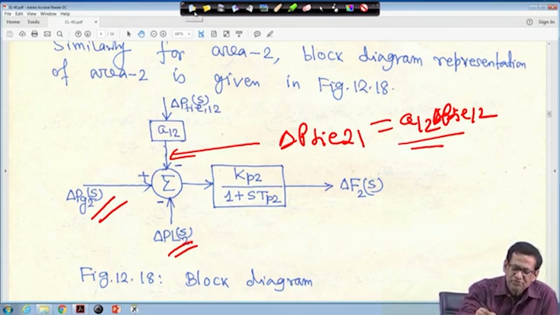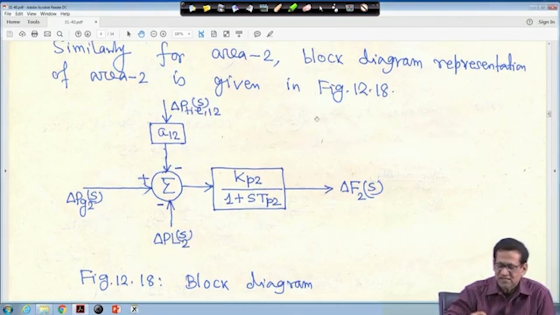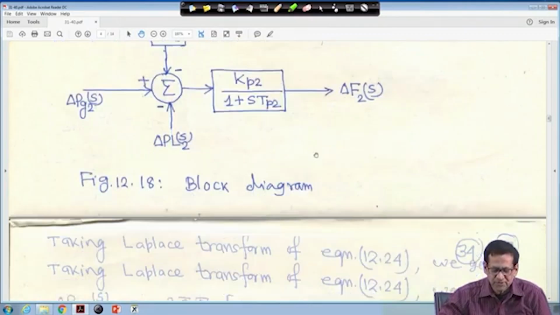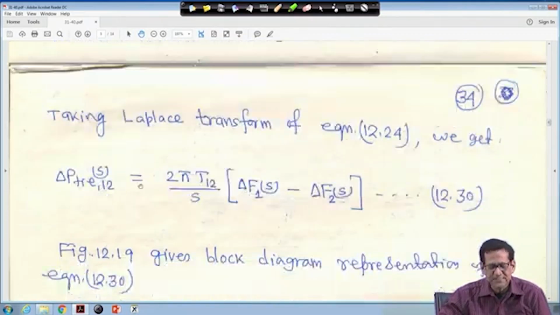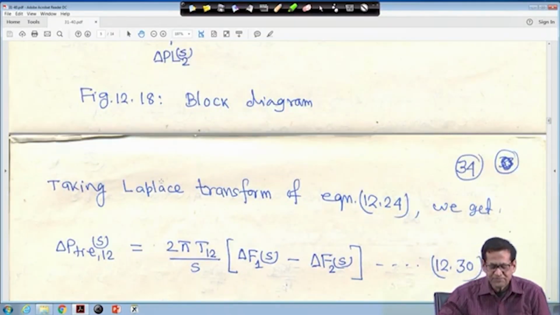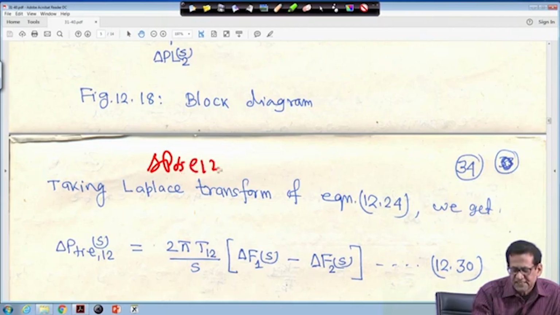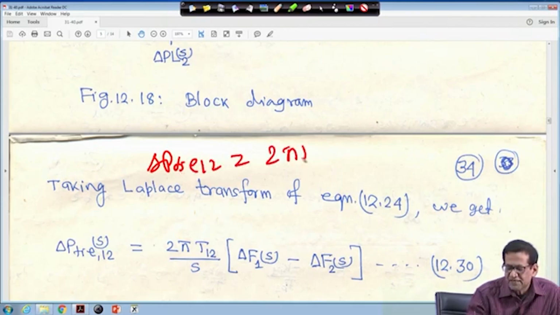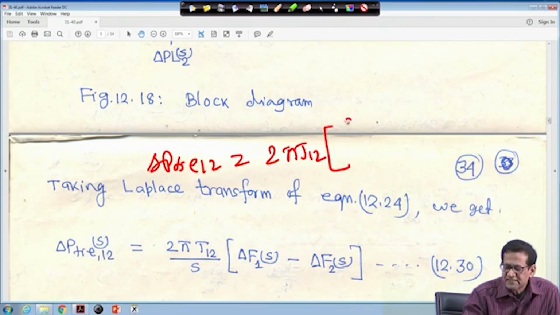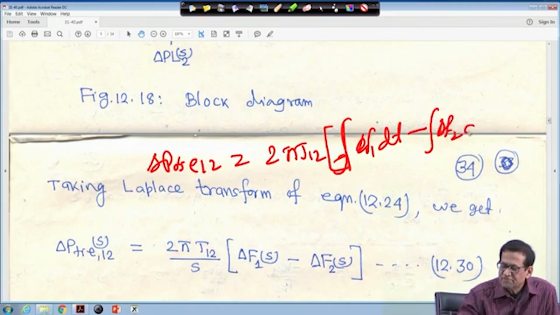Now, if you make the complete block diagram for the two area system, another point is the tie power. We know that delta P tie 1-2, which we have seen, is equal to 2 pi T12 times the integral of del f1 dt minus the integral of del f2 dt.